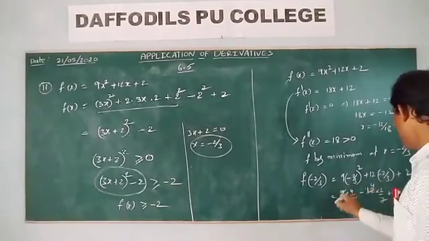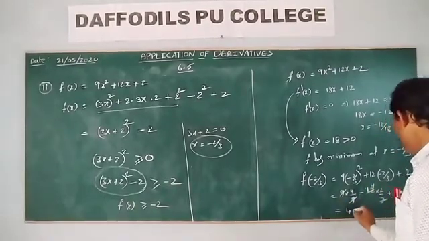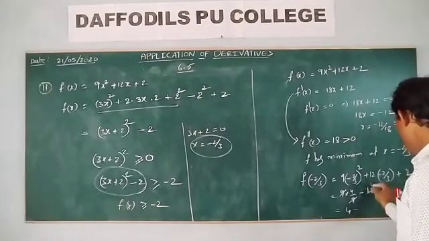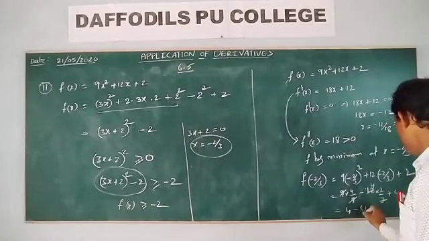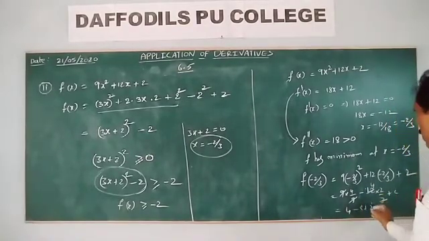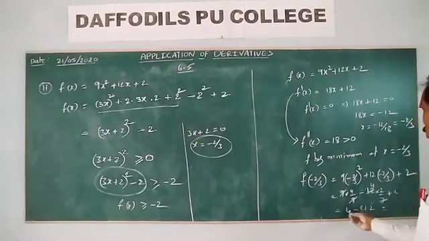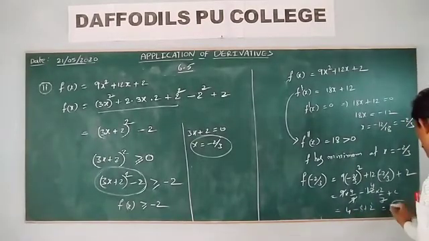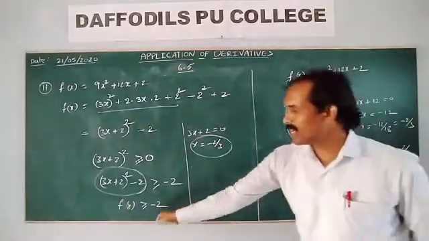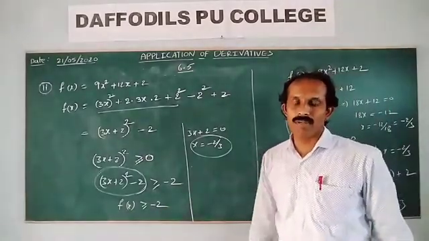The 9s cancel, giving 4, minus 4 twos is 8, plus 2. 4 plus 2 is 6, 6 minus 8 is minus 2. So minus 2 is the minimum value. Okay, right?